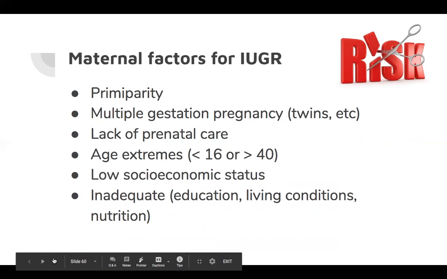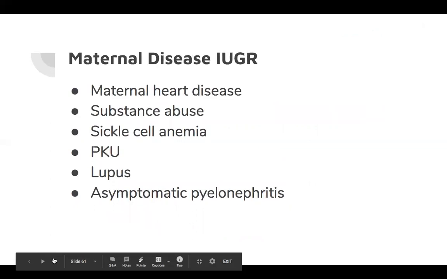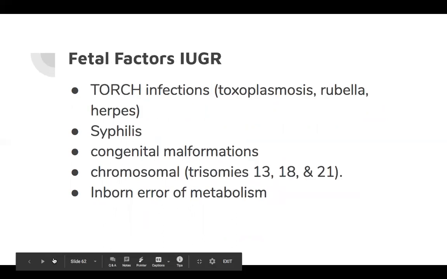So prenatal care or lack thereof, age, inadequate education, living conditions, multiple gestation, primipara, maternal diseases such as heart disease, substance abuse, sickle cell anemia, fetal factors, infections. Mom may be bringing in, the baby is getting via mom.